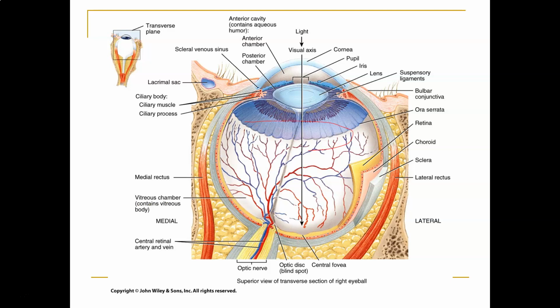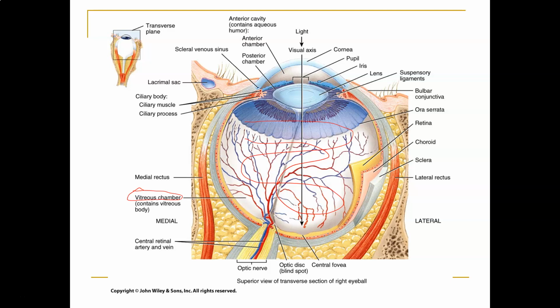This space back here contains a jelly-like fluid, so they call it the vitreous chamber, but it goes by other names, the posterior cavity, and it contains a jelly-like substance called vitreous humor.